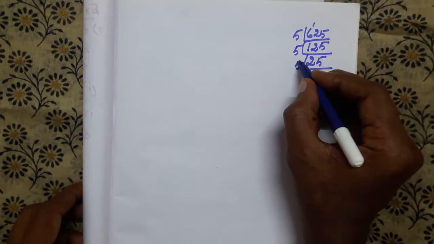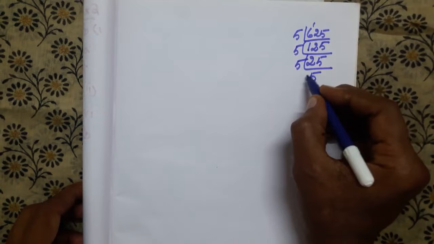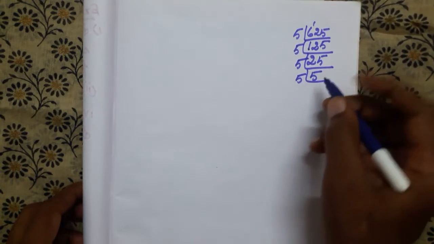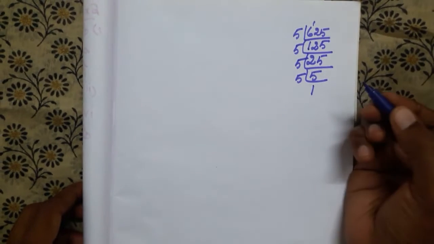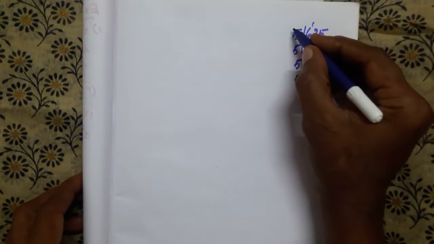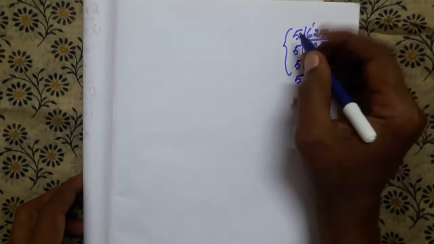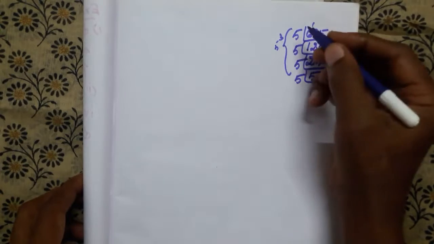Again we can factorize with 5 table. 5 5s are 25. Again we can factorize with 5 table. 1 5 is 5. How can we write it? 5 cube into 5.